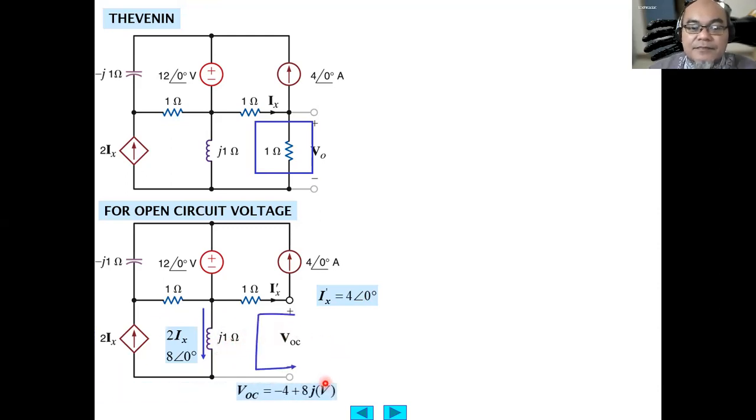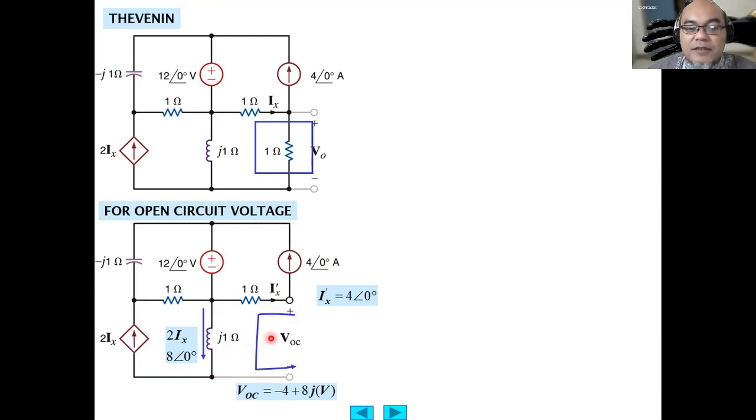Then VOC, the V open circuit, can be calculated from the voltage across this one, plus the voltage across this resistor, plus the voltage across this inductance.